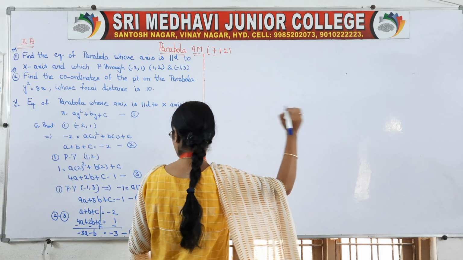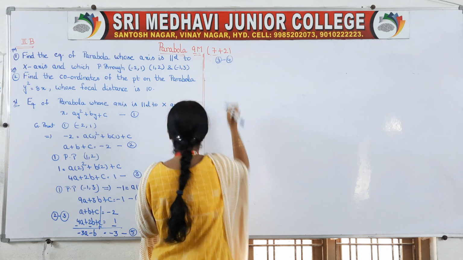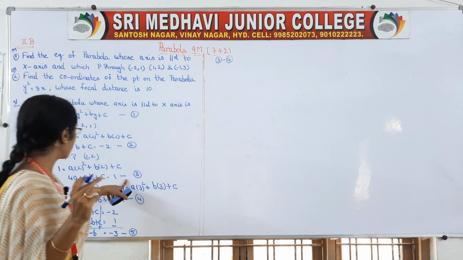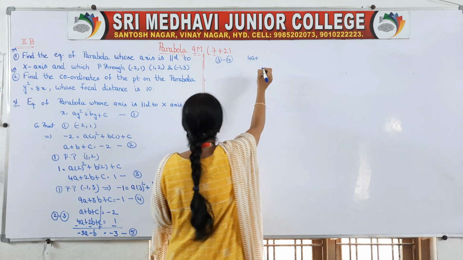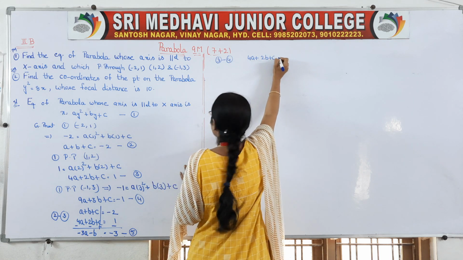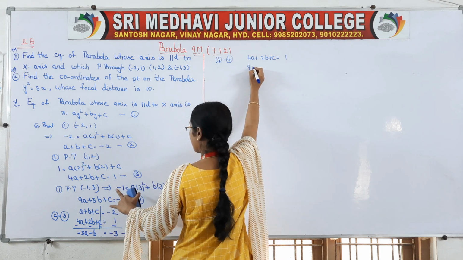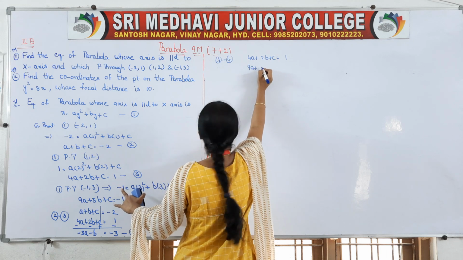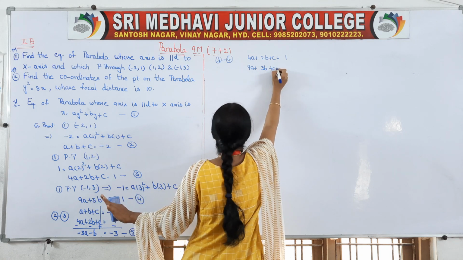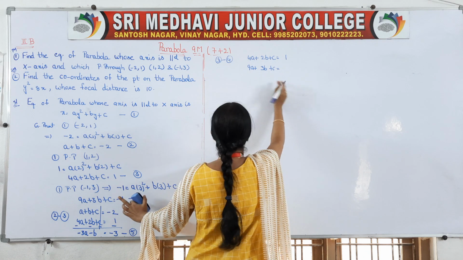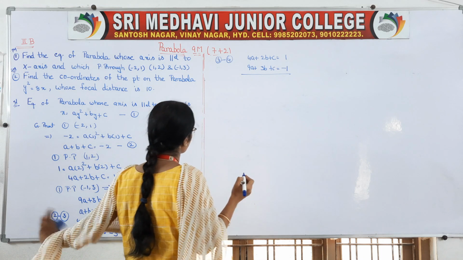Okay, next you take 3 minus 4. First we have taken 2 minus 3, now you take your 3 minus 4. What is that? It is 4a plus 2b plus c is equal to 1, and the fourth equation is 9a plus 3b plus c is equal to minus 1, right.